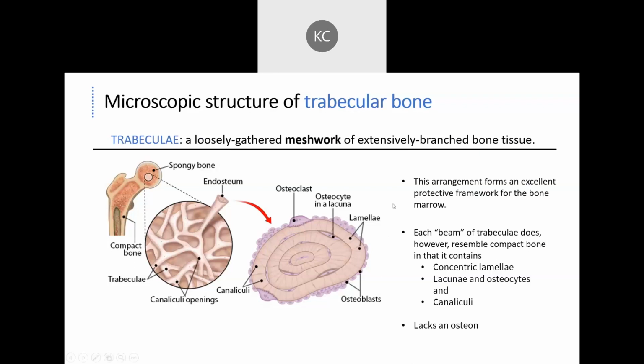So you have some that run up and down, you have some that run sideways and diagonally and out towards you. And so this trabecular bone helps to also provide some support in multiple different directions.